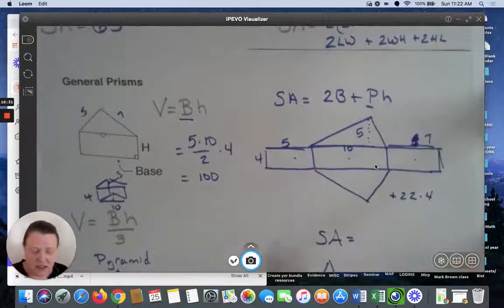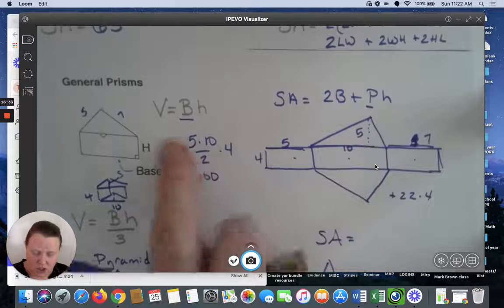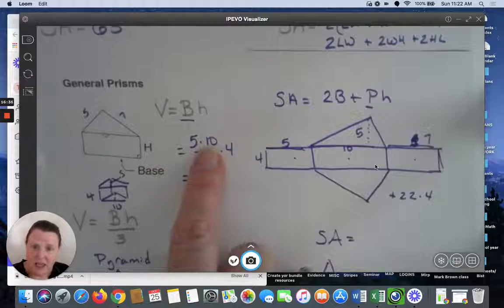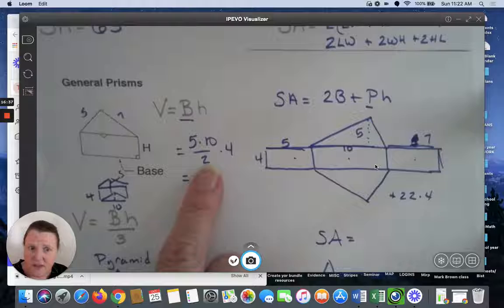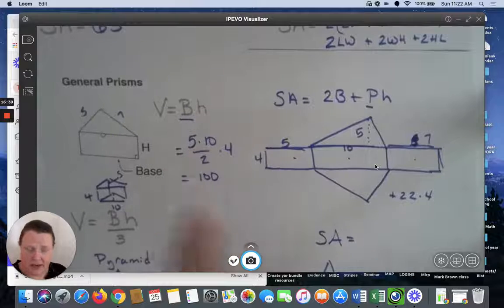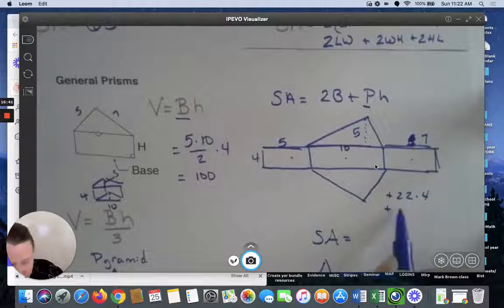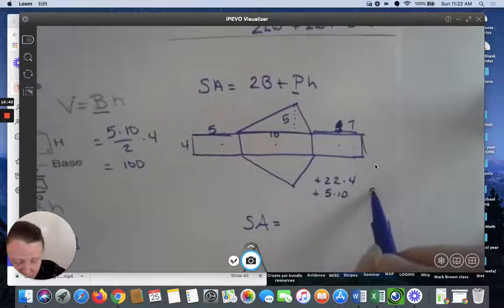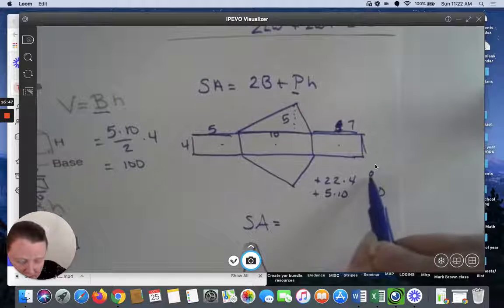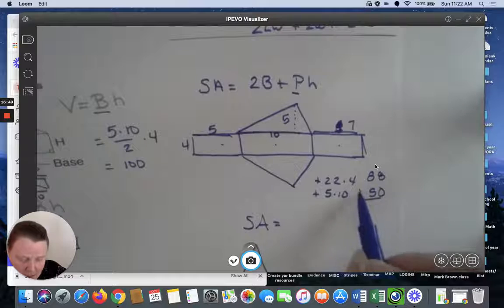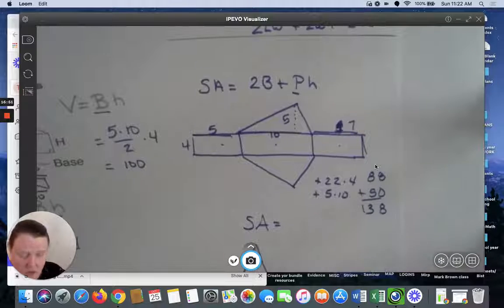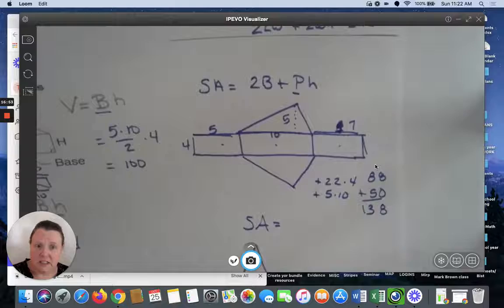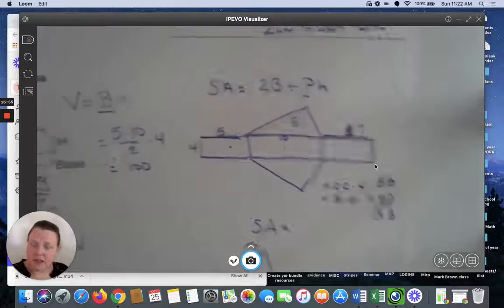And then we would add to that the base times the height, which in our case was 5 times 10. And because we don't have one of them, we have 2 of them, I won't go ahead and divide. And so that would end up being another 50. And so we would work this out and we would have whatever 50 plus 88 is. And that would be my answer. And like I said, those are a little bit trickier, but not too bad.